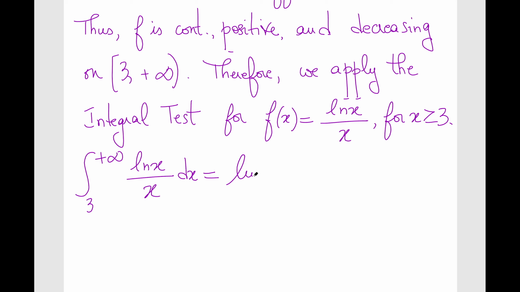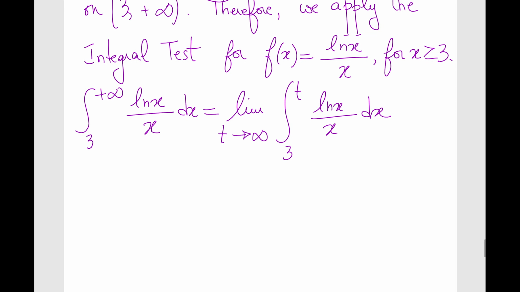Well, by definition, this is the limit as t goes to plus infinity of the integral from 3 to t of ln x divided by x dx, right? And what's this definite integral? So we're going to find this entity and then let t go to infinity after we find the expression. Well, this is of the form 1 over x times ln x dx.